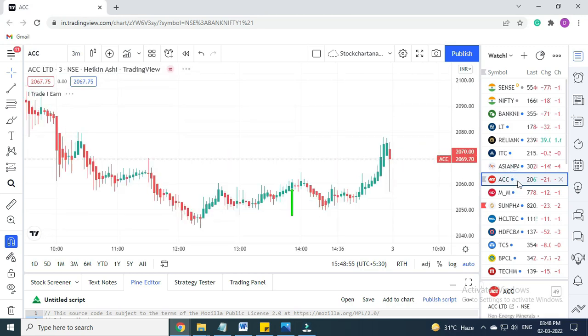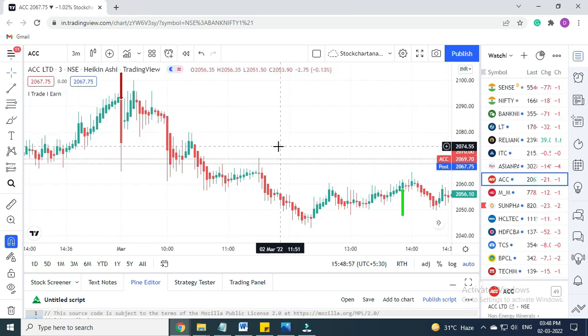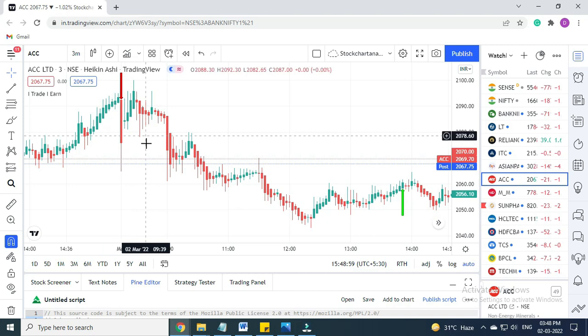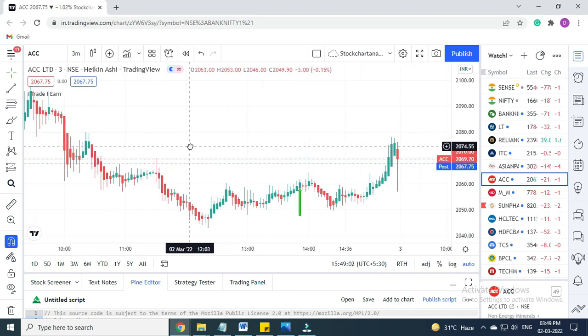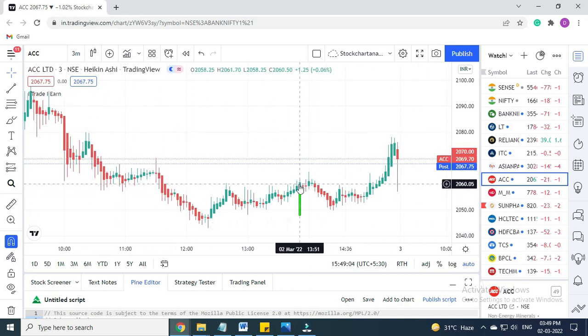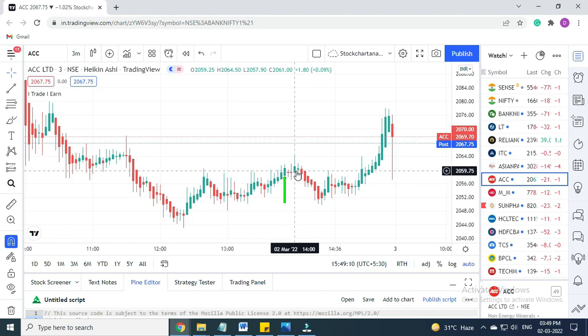Let's check out ACC. ACC, this is a sell signal, but no trade executed here. Again, we have got a buy signal, but no trade happened here. Why? Because if you see, the candle in which we were supposed to take the trade is a doji candle. If the trading candle in which we will take the trade is a doji, we will avoid.